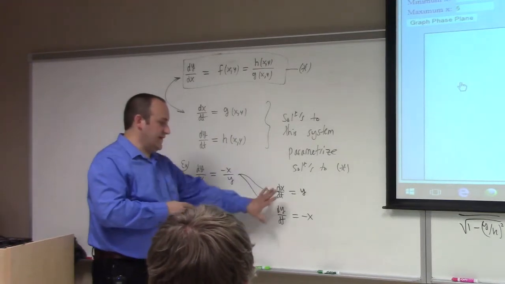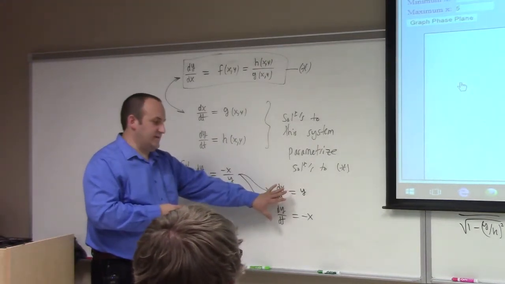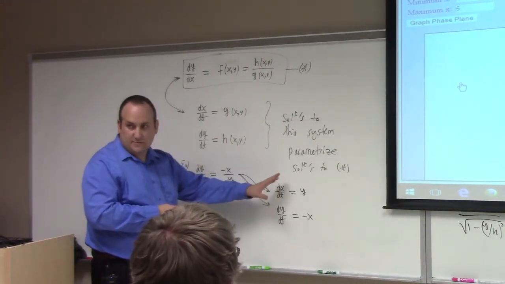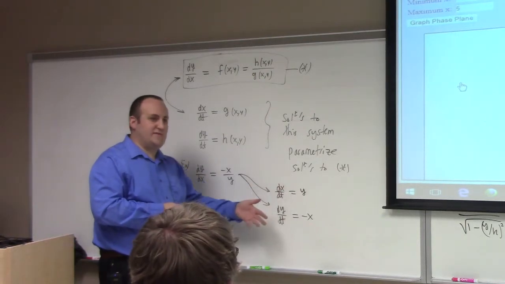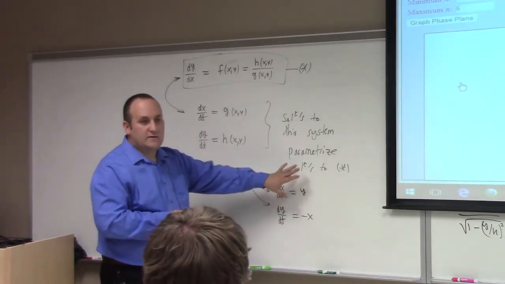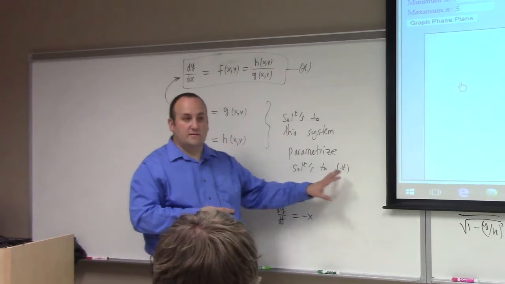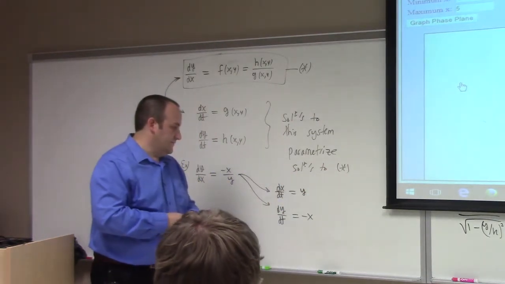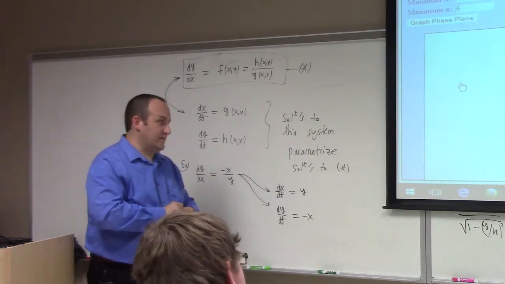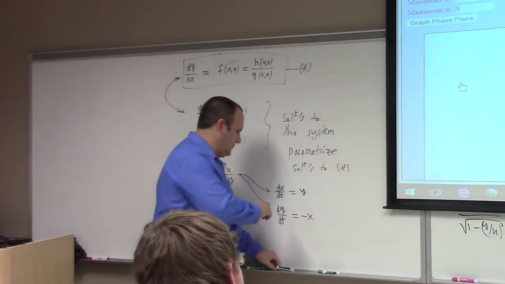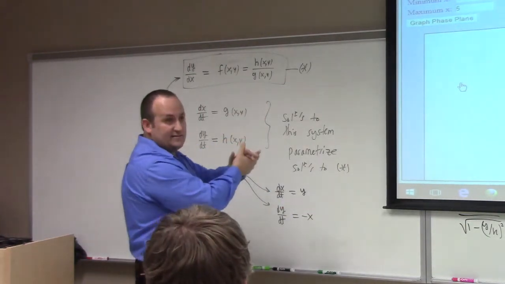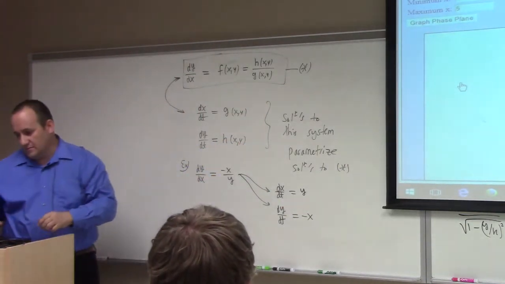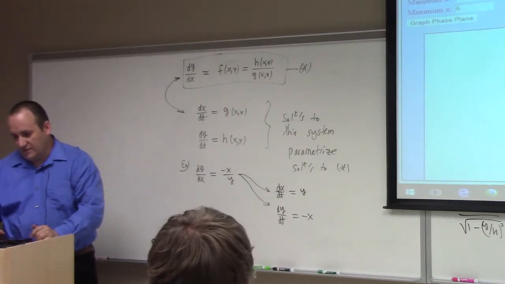This is called an autonomous system of differential equations. Autonomous just means there's no explicit time dependence here, and it's homogeneous in a sense that I'll make more rigorous as we go on. But you can actually plug these into here and look at it. It's a pretty simple matter.